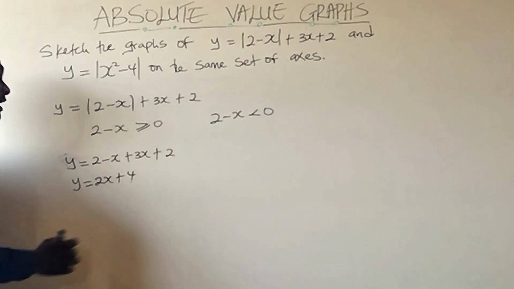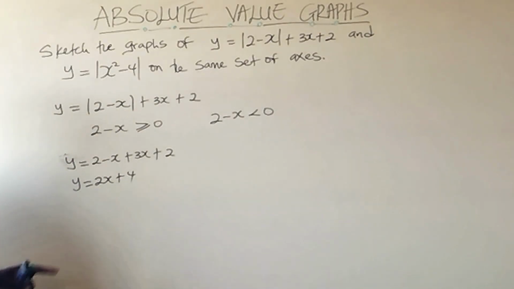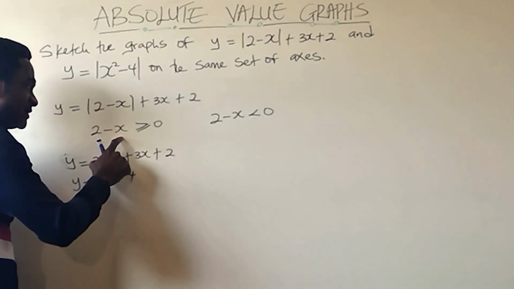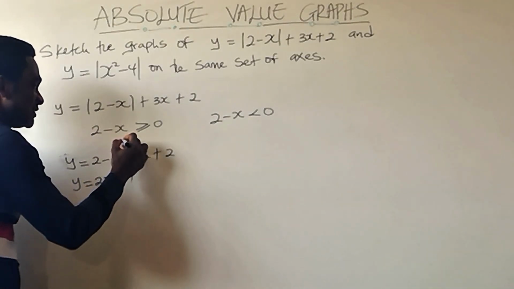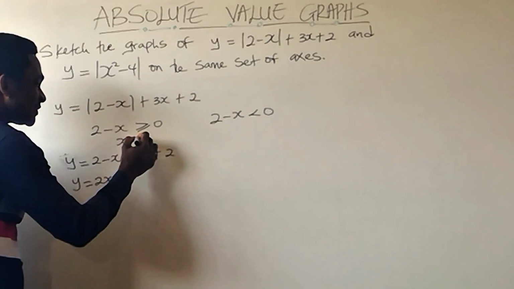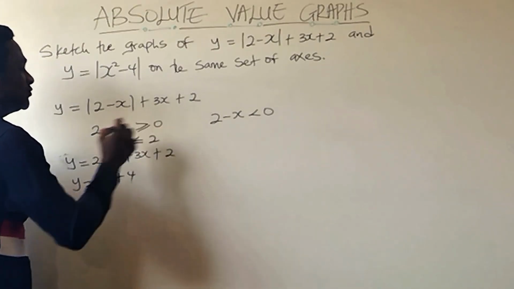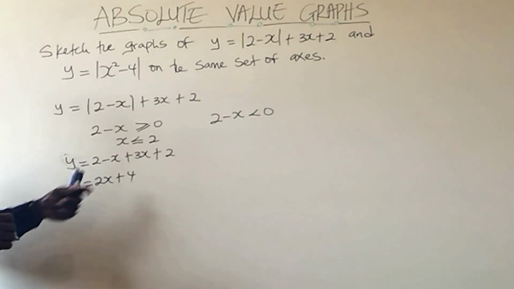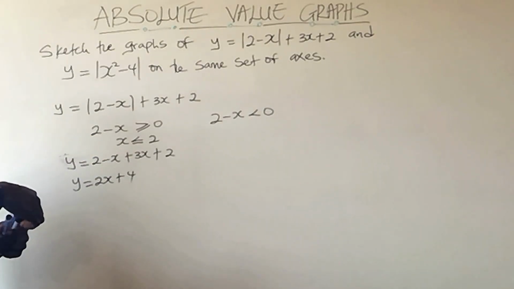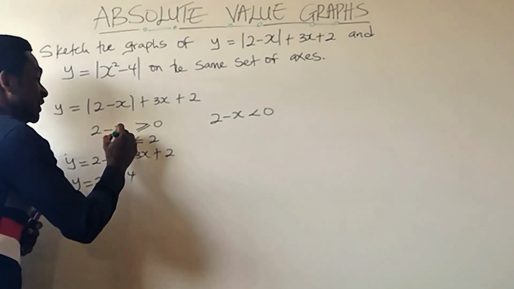This is the graph we are going to sketch for the positive. Let's fully simplify this. If we simplify this, x will be less than or equal to 2. That is the condition that we'll be working around when we are sketching our graph.